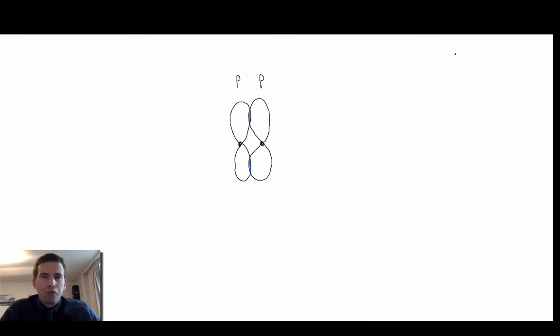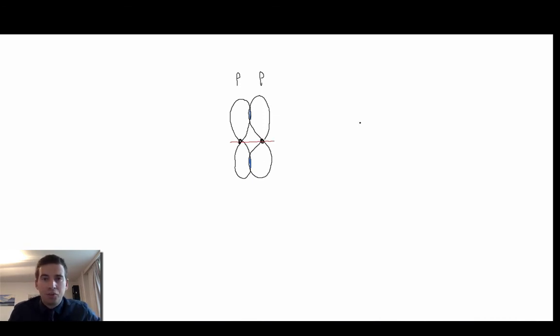So obviously there are 3 p orbitals per atom. Now there will be p orbitals which are in line with each other, but there are also p orbitals that are perpendicular to the line between the centers of the atoms. Remember, you have a p orbital on both the x, y, and z axes.